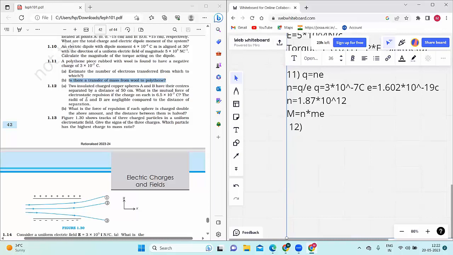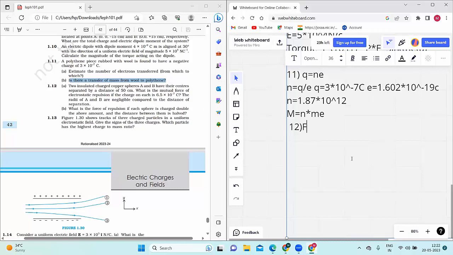Two insulated charged copper spheres A and B have their centers separated by a distance of 50 centimeters. What is the mutual force of electrostatic repulsion if the charge on each is 6.5 into 10 power minus 7 coulomb? The radii of A and B are negligible compared to the distance of separation.